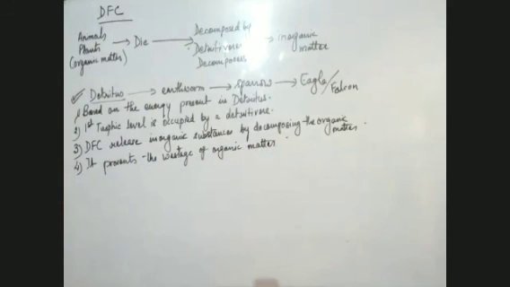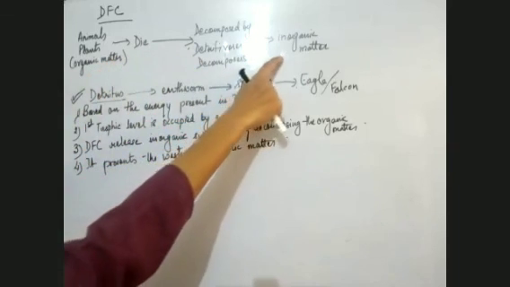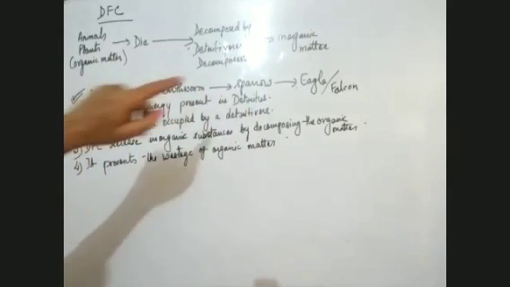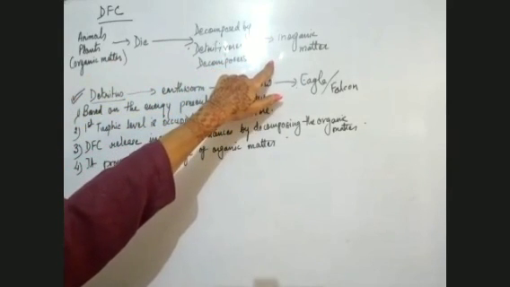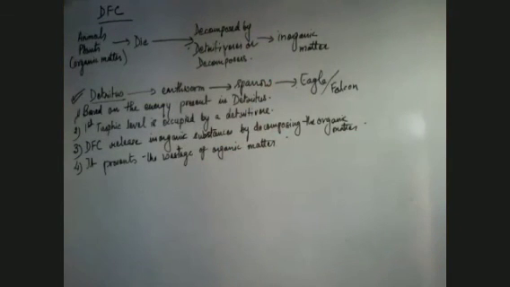Now, the next point will be: as a result, the organic matter gets converted into inorganic. So this inorganic matter which is formed again enters another cycle, and that cycle is GFC. So it provides inorganic matter to GFC.